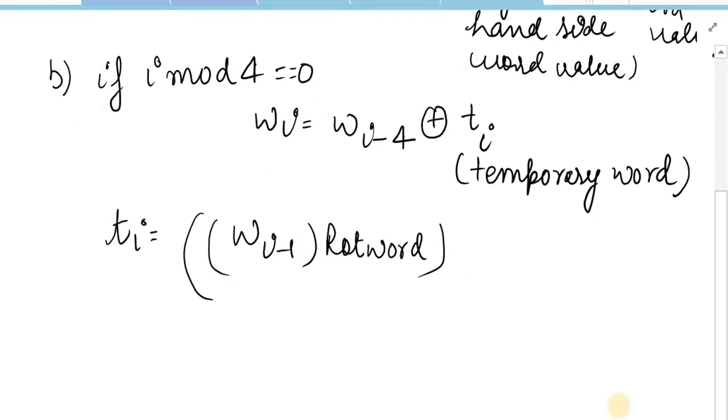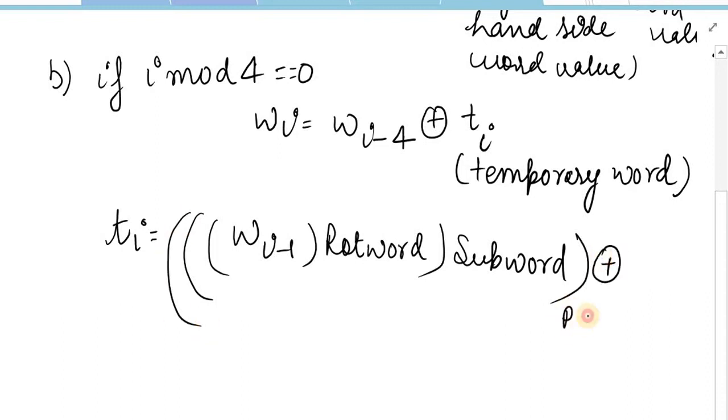So RotWord, then SubWord, and after the SubWord we have to perform the XOR with Rcon i. What is RotWord here? RotWord is used to perform the rotation of bits by 1 byte to the left, shifting only one time.